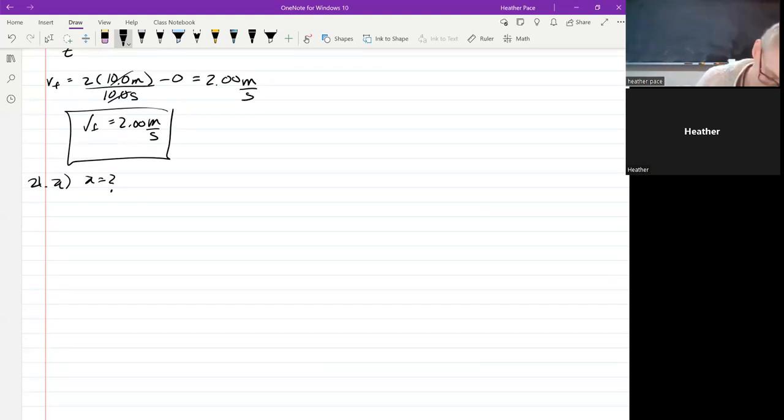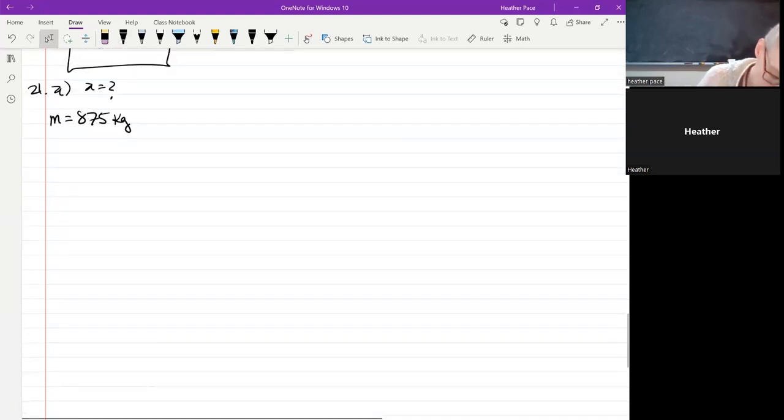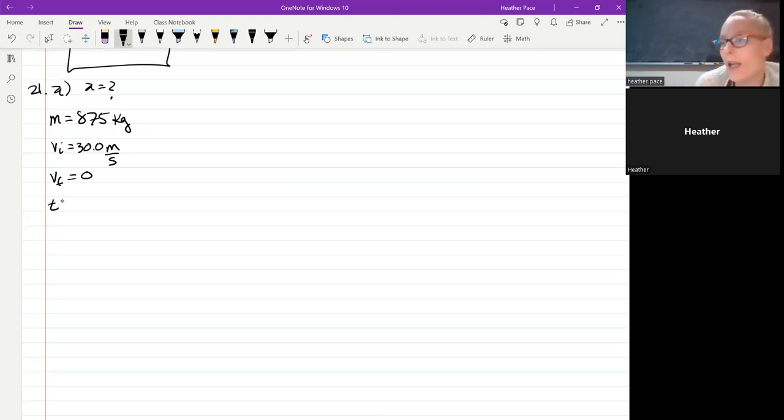What do we have? We have the mass of the car. We have our VI. Car comes to a stop, so our VF is going to be 0, and our time is going to be 5.60 seconds.